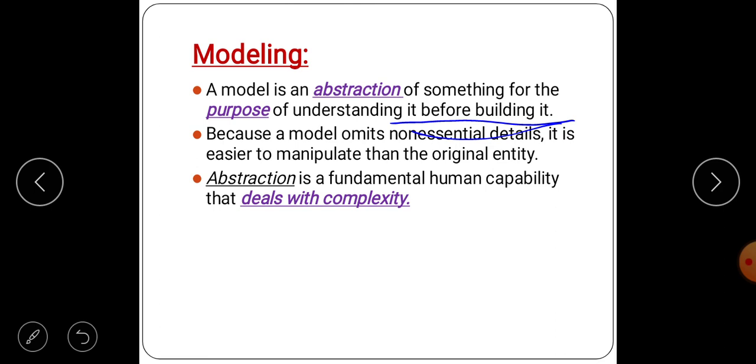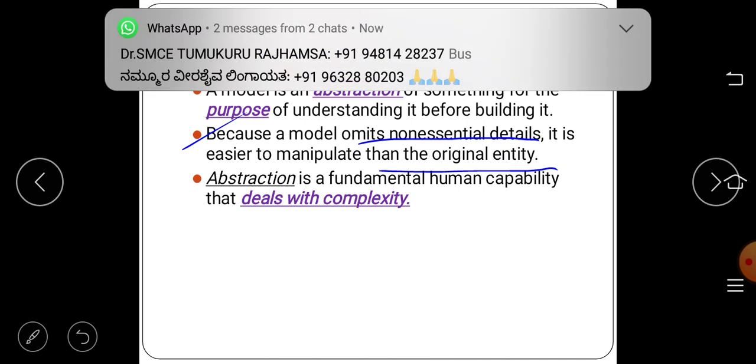So we are going to build the model. Because a model omits unessential details, it is ensured to manipulate the original entity. It means this modeling will omit the unessential details, okay?